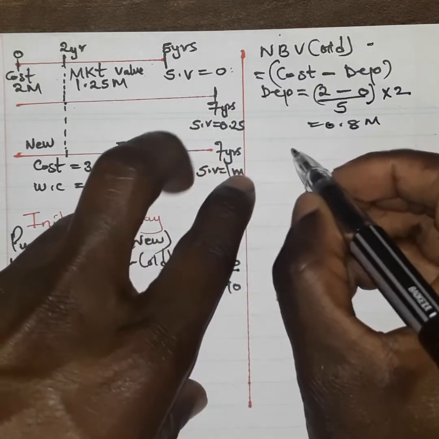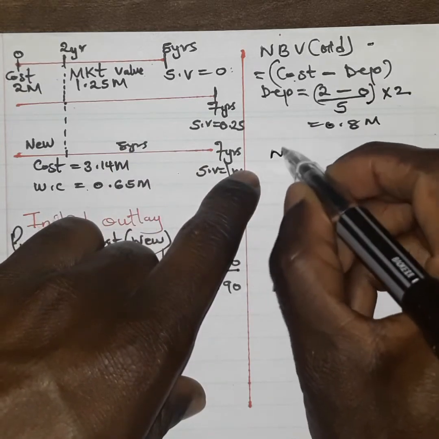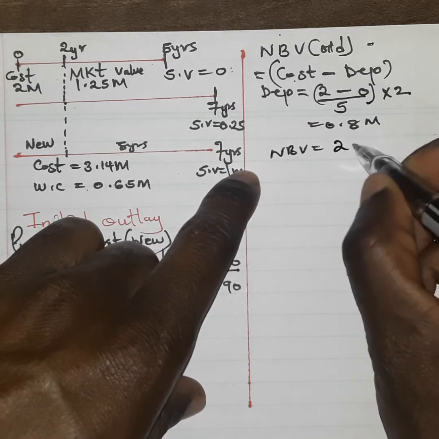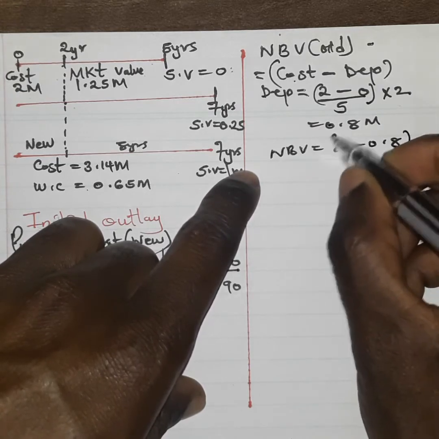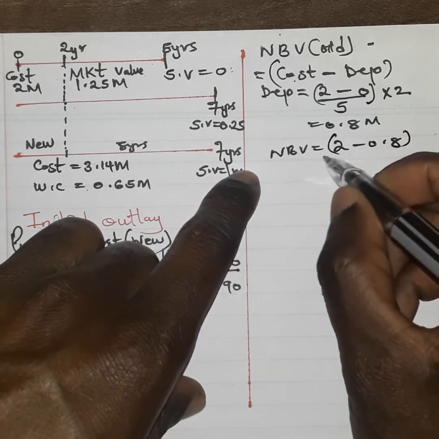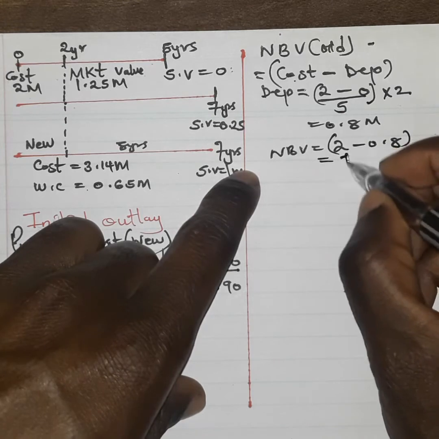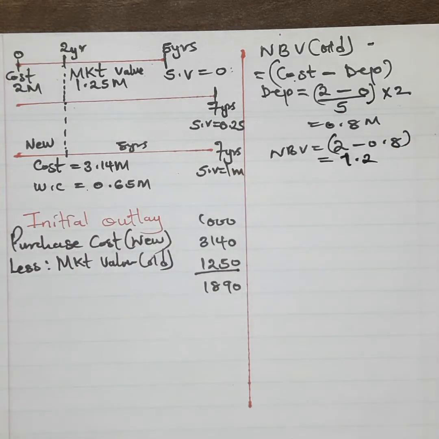Then, of course, to get the net book value, I said it is the cost. So the NBV will be the cost, which is 2 million, minus 0.8, what has been lost. So it means what is remaining on the old machine is 1.2 million.